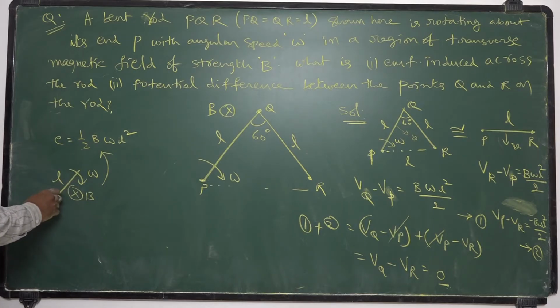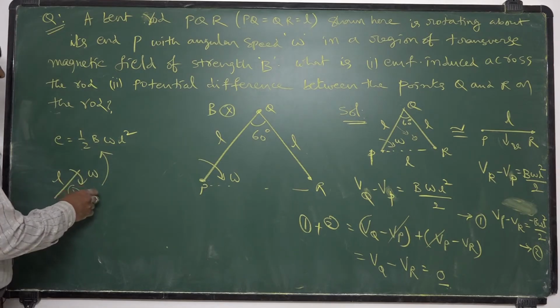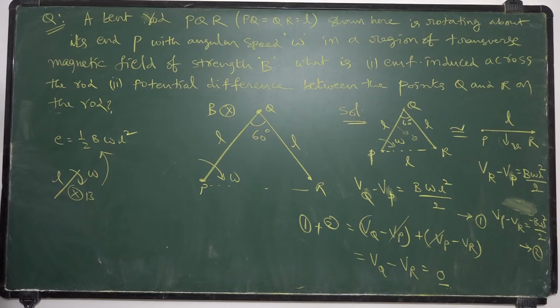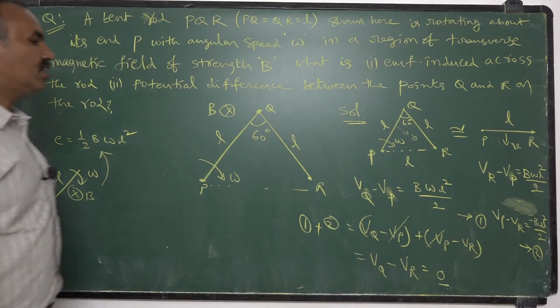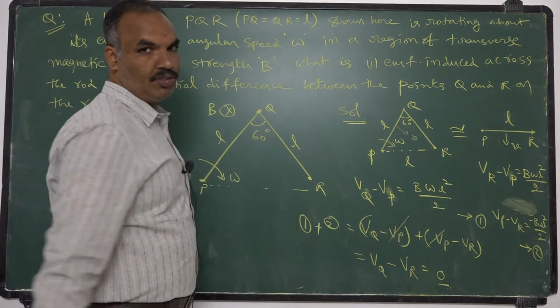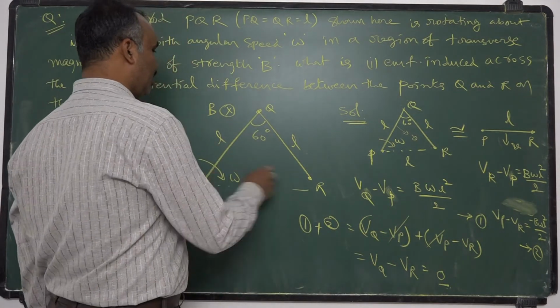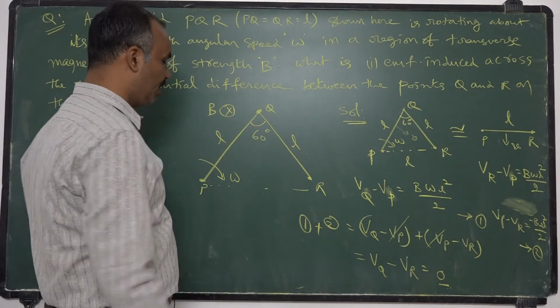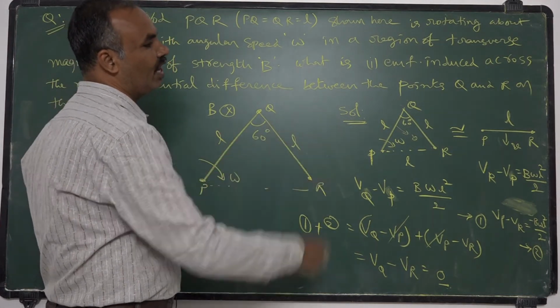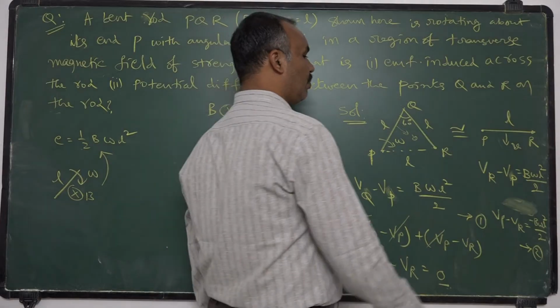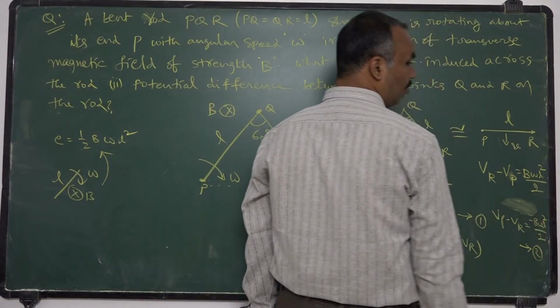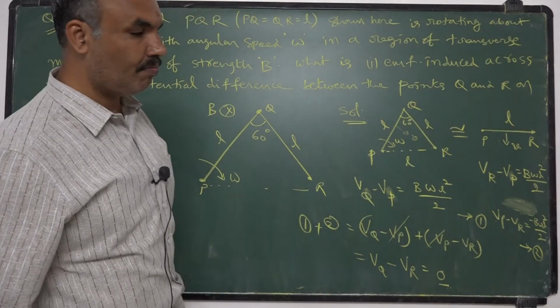One is, whenever a rod of length L is rotating with angular velocity omega in a magnetic field of strength B, the EMF developed is given by half B omega L square. And one more point, whenever the shape of the rod is not straight, we should take the effective length into consideration. Here effective length is also equal to L, and the EMF developed across the two ends of the rod is minus B omega L square by 2.